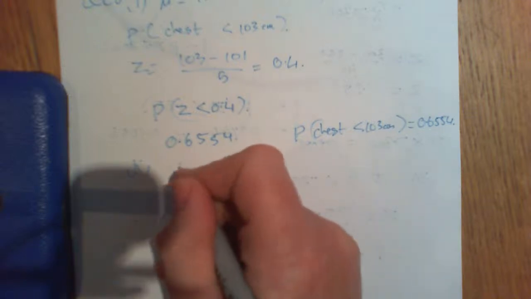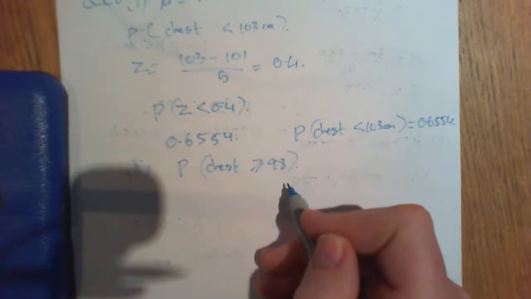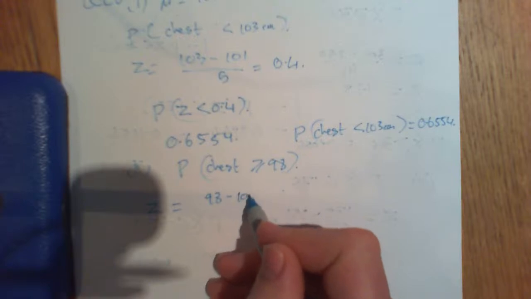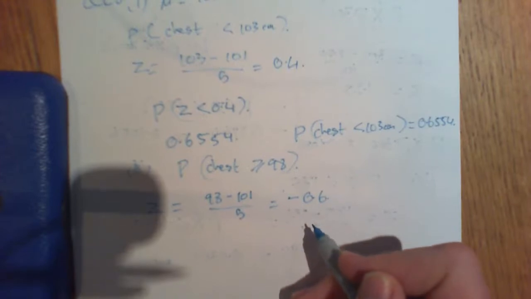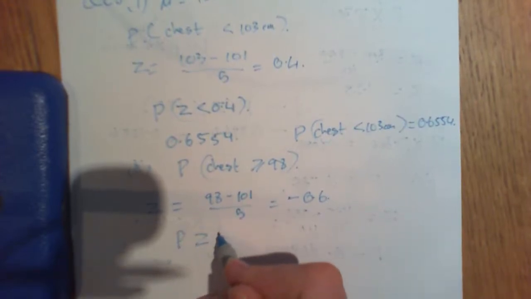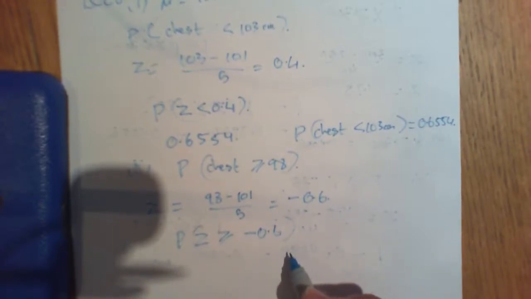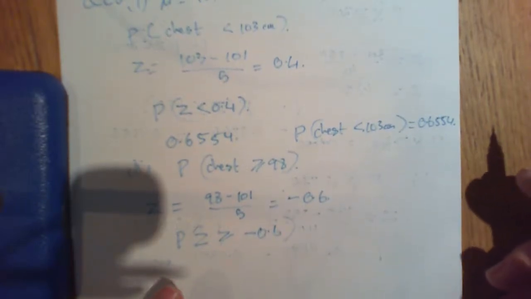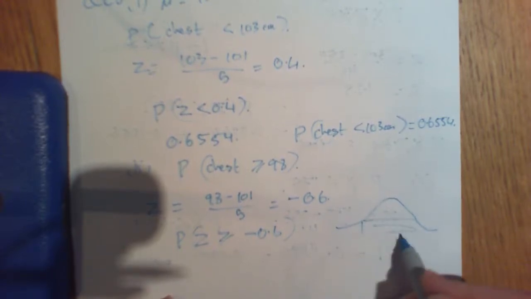What's the probability of a chest greater than or equal to 98? Let's get the Z score first of all. That's 98 minus 101 over 5, which is minus 0.6. So we want the probability that the Z is greater than or equal to minus 0.6. With minus 0.6, we want all this area up here.